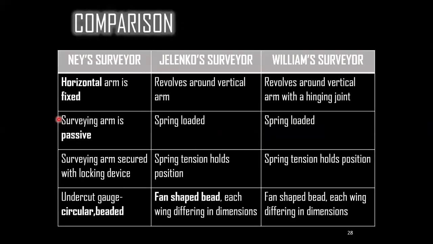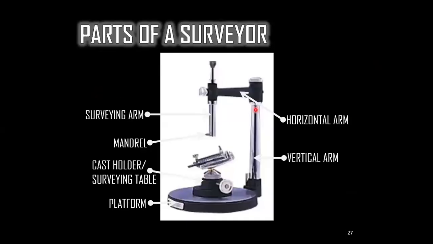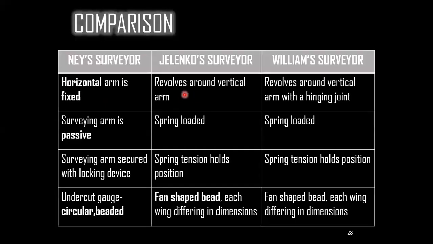The most commonly seen surveyors are the Ney surveyor, Jelenko and Williams. So where does the difference exist? Directly, your Ney surveyor has a horizontal arm that is completely fixed. In your Jelenko or Williams, the horizontal arm can rotate or revolve around the vertical arm, so it is not fixed.